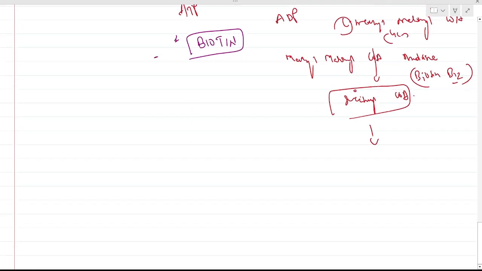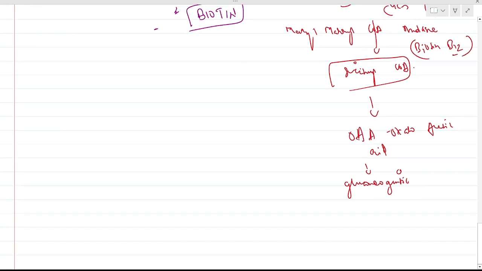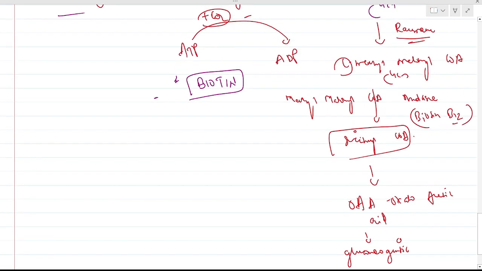Succinyl CoA is further converted to oxaloacetic acid, finally entering the gluconeogenic pathway. The important fact to remember here is that this crucial step, the methylmalonyl coenzyme A mutase enzyme, requires B12.